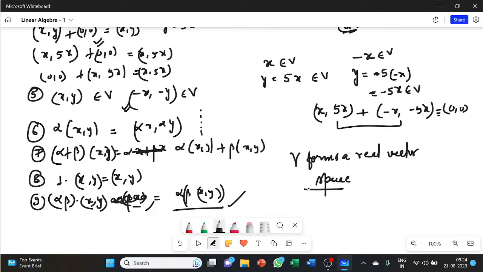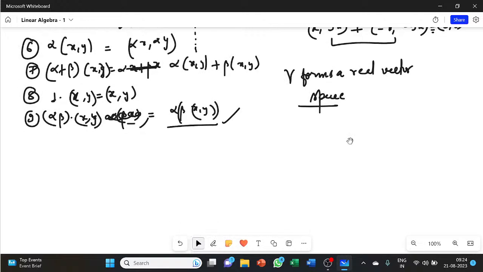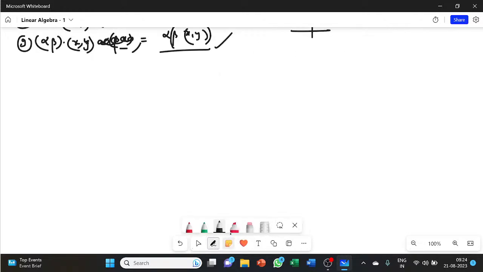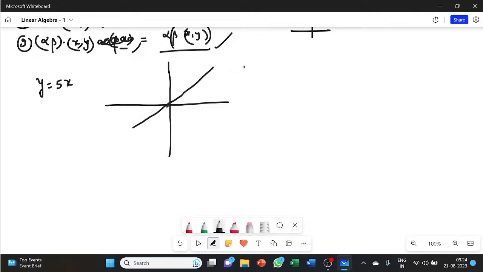Now, what does y = 5x represent? Y = 5x represents a straight line, which indeed is a subset of R square.